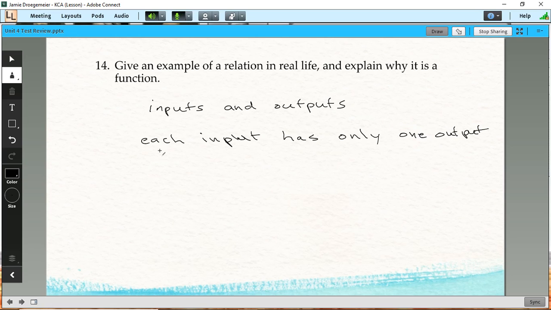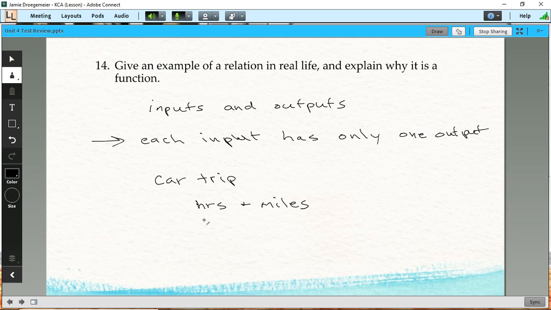So that's probably the most important part of this explanation. And then we just want to come up with a real life example. One that I can think of is if I take a trip in my car. I could explain a function in terms of my hours and miles.